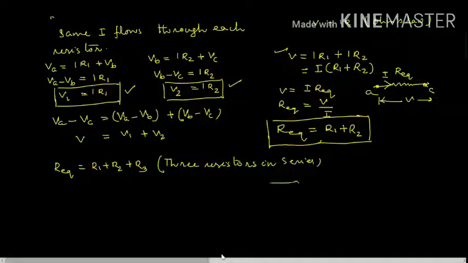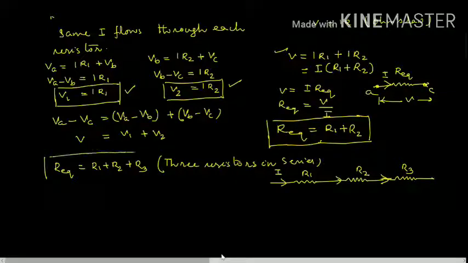The diagram is like this: the resistor R1, then another resistor R2, then the third resistor R3, and the current flowing through each resistor is I. So R equivalent is equal to R1 plus R2 plus R3.